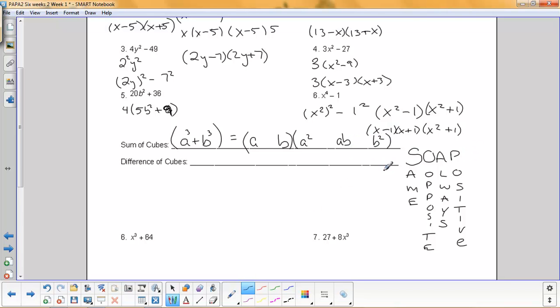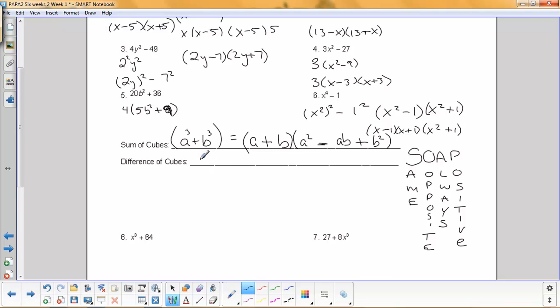Now we use SOAP. Same refers to the same symbol in the first blank. Opposite refers to the second symbol, which is the opposite of whatever it is, and in this case it's the sum. And always positive refers to the symbol that goes in the third blank. Same, opposite, always positive.